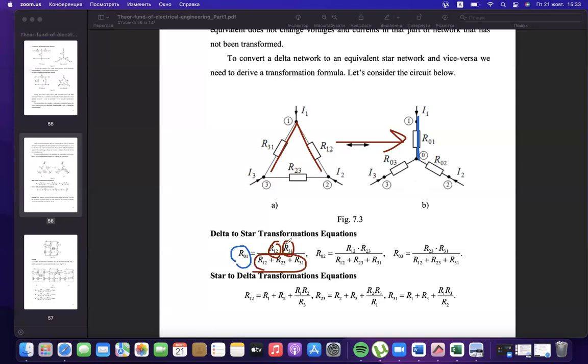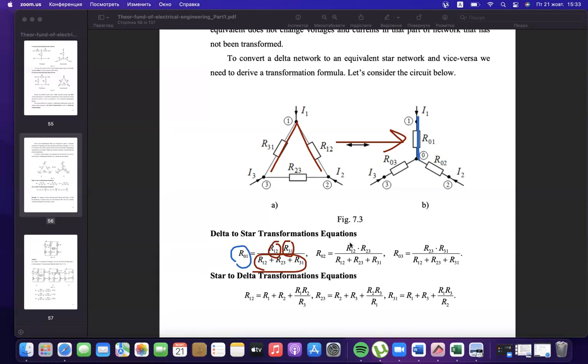In the upper part, we obtain ohms squared. In the bottom part, we obtain ohms. Ohms squared divided by ohms equals ohms. And the dimension of our equation is true, and everything is okay.